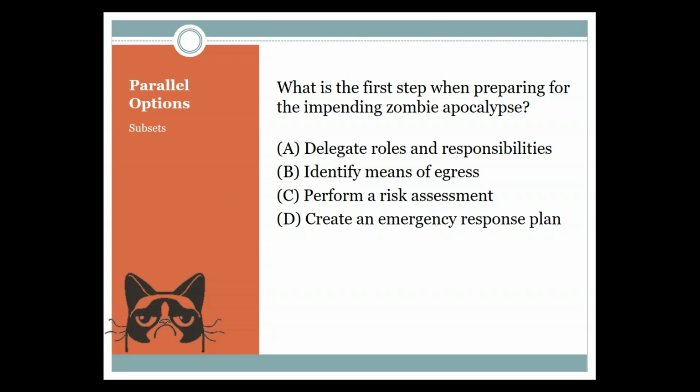So a highly competent candidate who knows the details about emergency response plans would be really confused here and wouldn't know what was being asked of them. So make sure all of your options are unique and stand alone and are not part of another concept or part of another option.